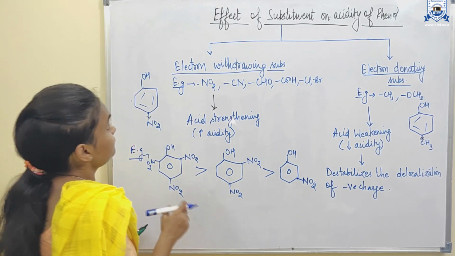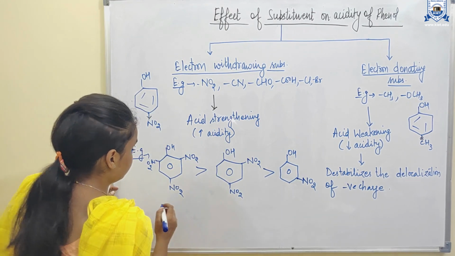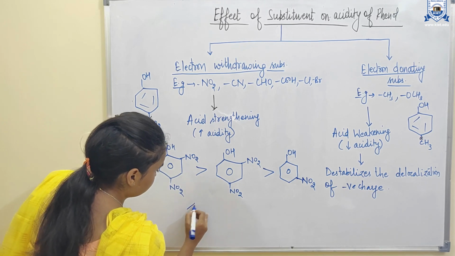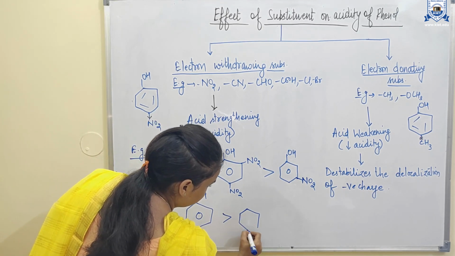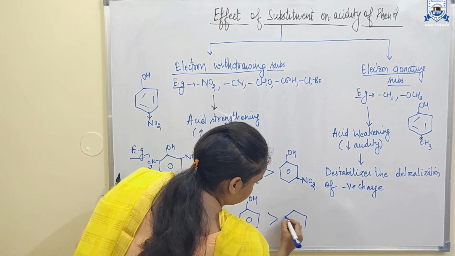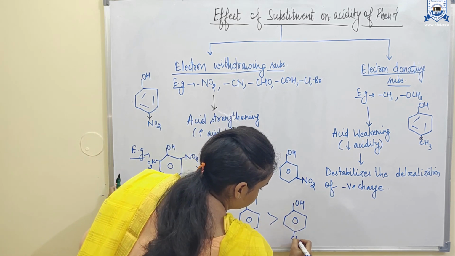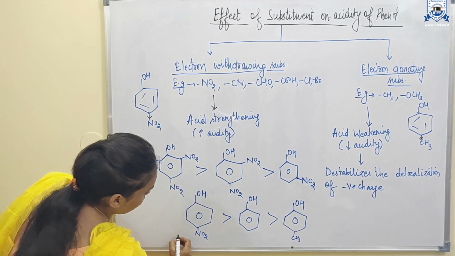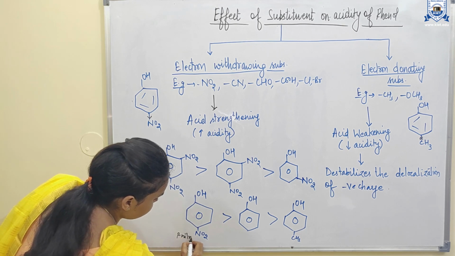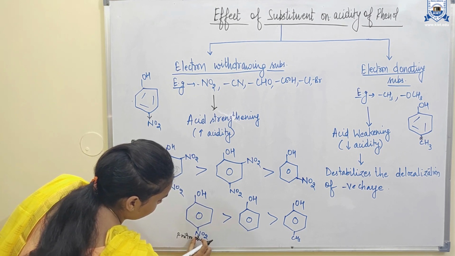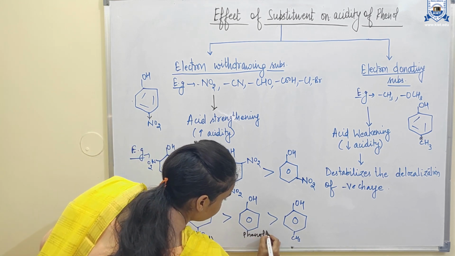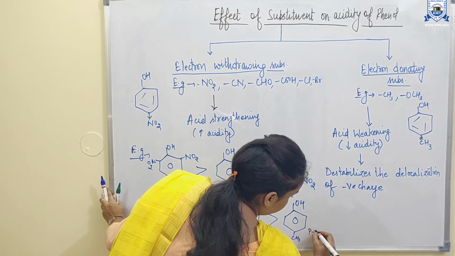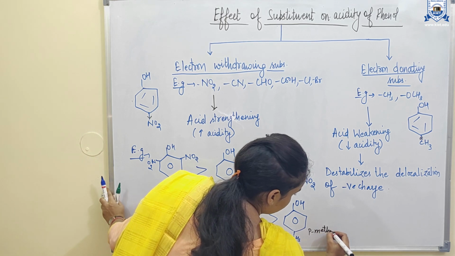So overall, if we see the acidic strength order, para-nitrophenol is more acidic than phenol, and phenol is more acidic than para-methylphenol.